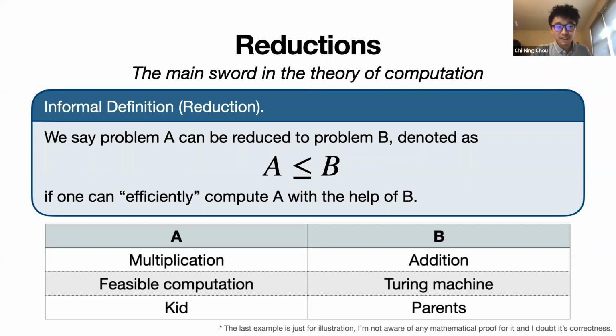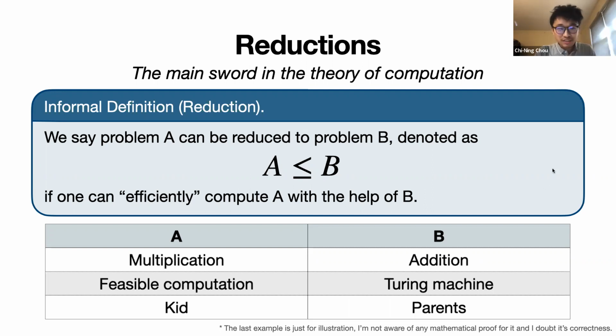And finally, as a joke example, think about your life. A kid can do nothing on their own, so for everything he needs his parents to help him. He can reduce everything to his parents. But I'm not aware of any mathematical proof for this one. If you know it, you can tell me.